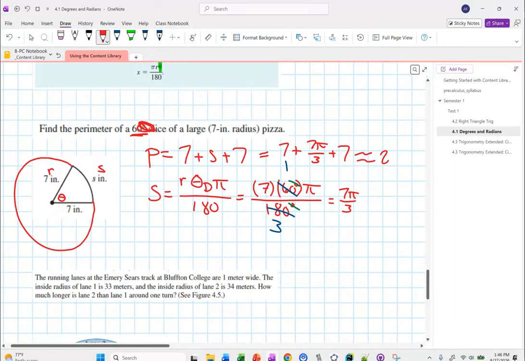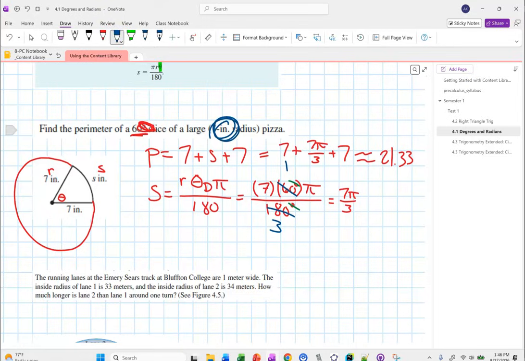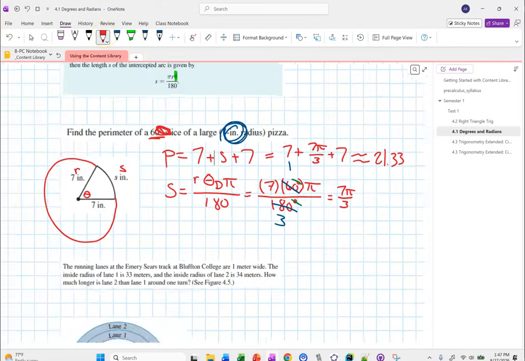Now remember, this is a perimeter, so it's a length. So it should have some kind of unit attached to it. What will the unit here be? Yeah, inches. Very good. How'd you know it was inches? Because the length in the problem was given to us in inches. Just reading comprehension there, right?